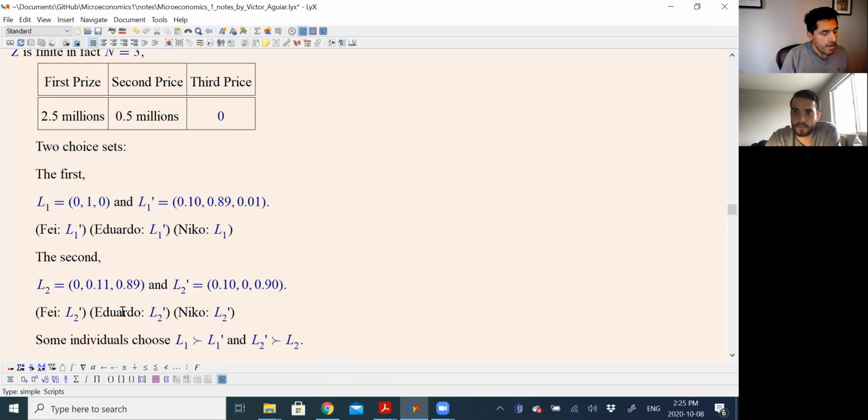Okay. Quick question about this. I'm not sure, but have there been any experiments where they say a certain portion of people fail this independence? Yeah. So I'm going to send you a link in Slack that is about testing axioms, right? And you find a significant fraction.